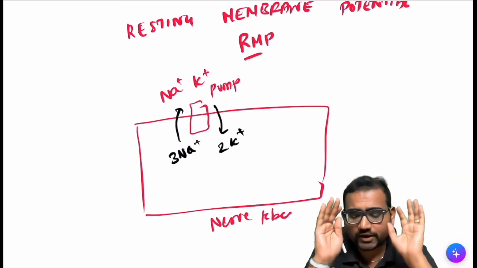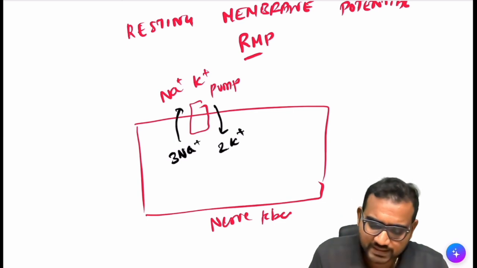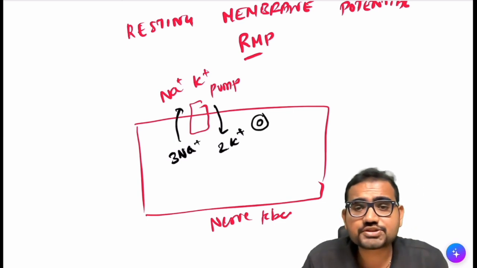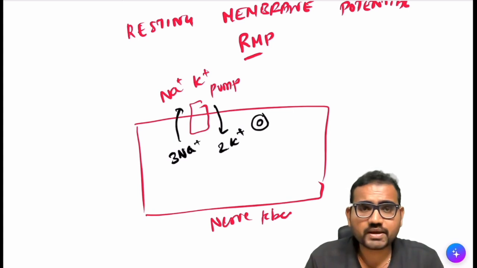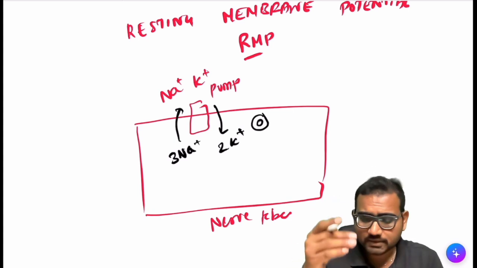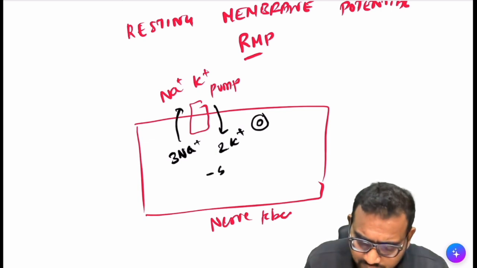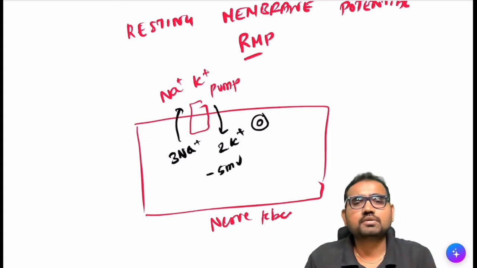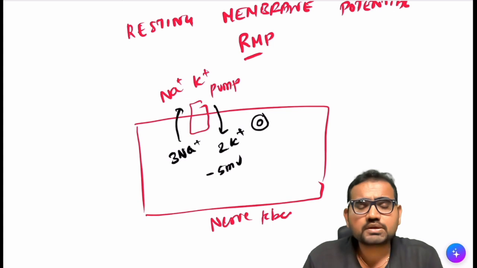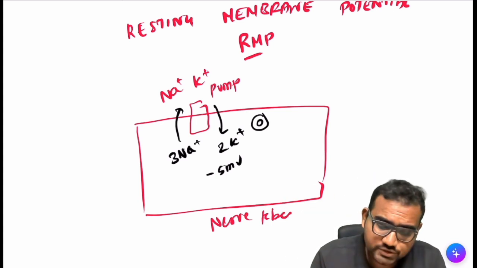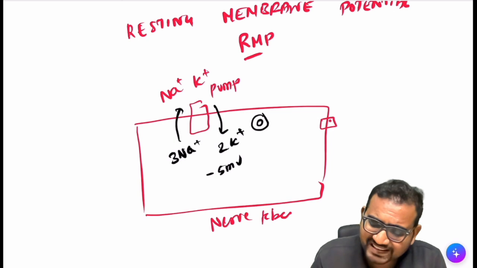Let us assume the resting membrane potential is 0. Because of this pump, it becomes slightly negative, say for example minus 5 millivolts.